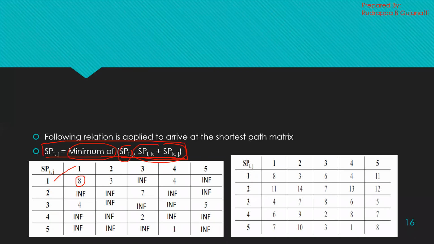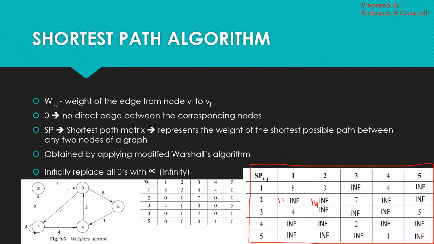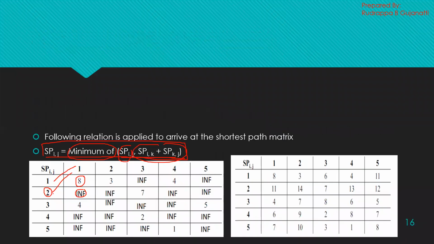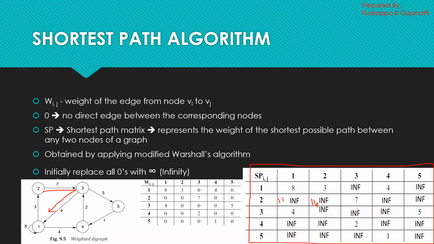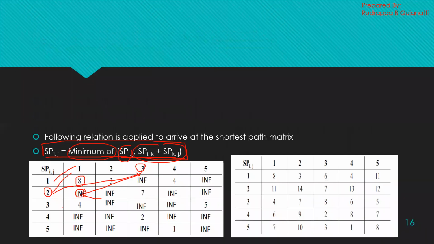So for example, here we considered moving from 2 to 1, which costed me 11 directly. But if I moved from 2 to 3, and from this node tried to reach node 1, the cost was 7 plus 4, which was 11.